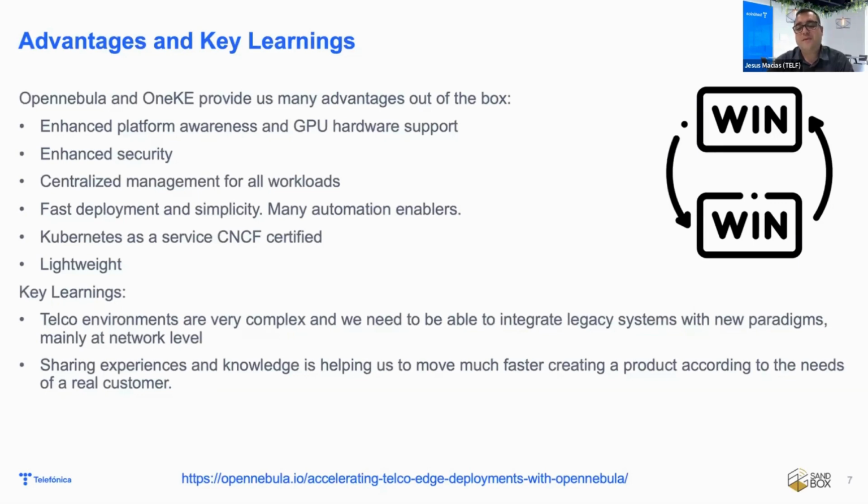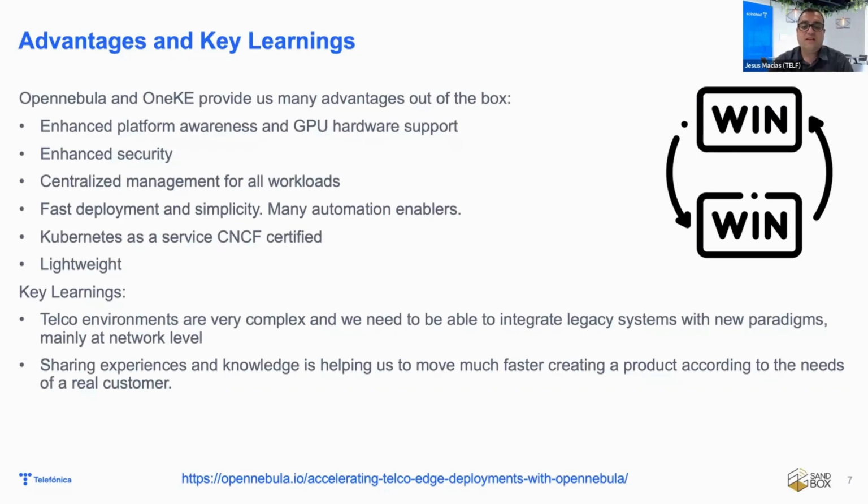Sometimes there is a lot of black magic within telco systems, and integration should happen without adding complexity to this picture. So we need as much flexibility as possible. For that, we have proposed many improvements to the OpenNebula engineering team, and we are working together to have them soon.